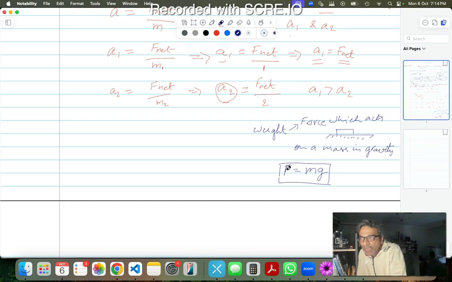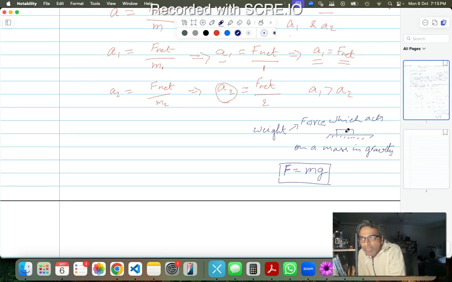So that's the weight that we are talking about. Any time a question is talking about the weight, it is talking about a force which is acting on that object under some gravity. So why is it not moving?